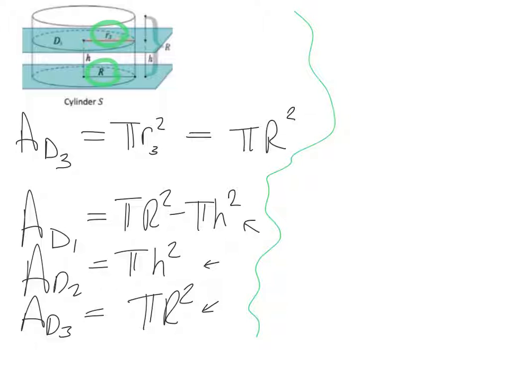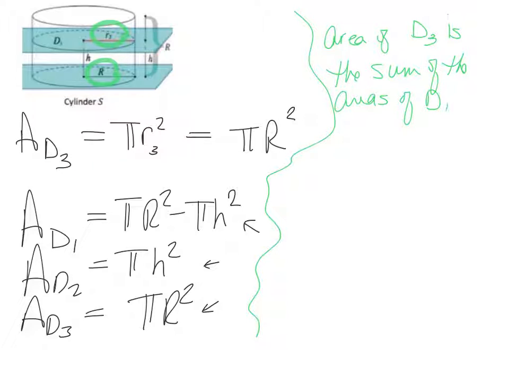So it looks to me like the area of disk 3 is the sum of the areas of disk 1 and disk 2, right?